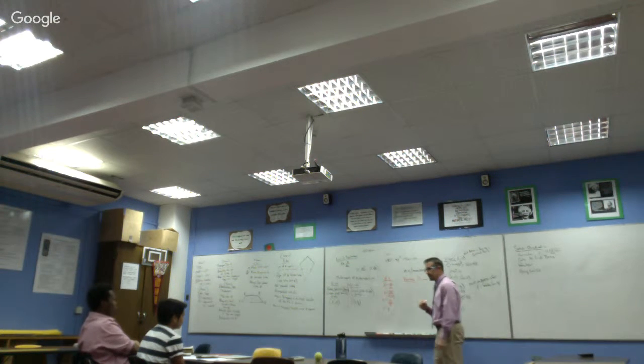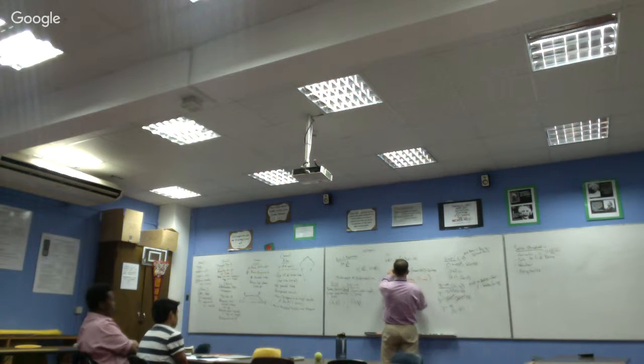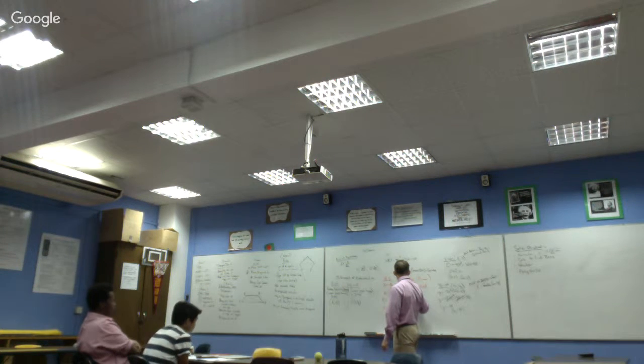I've got to find y. So you plug in. I'll go back to my y equals -4x squared plus 32x minus 48. -4 times 4 squared plus 32 times 4 minus 48.